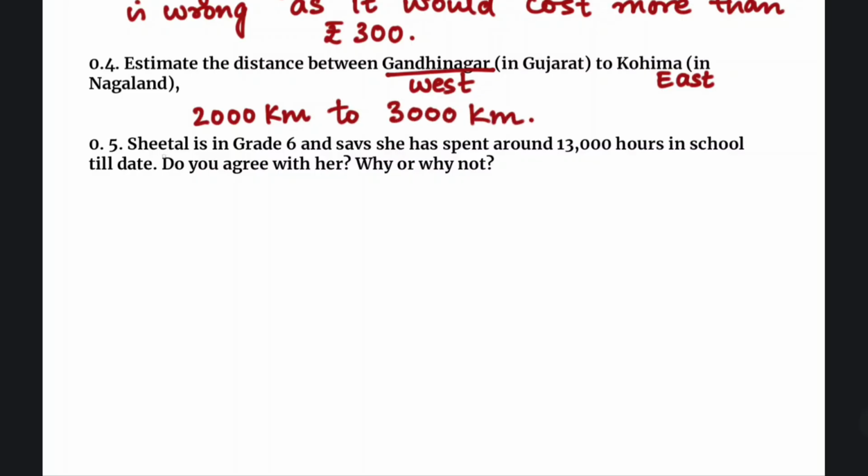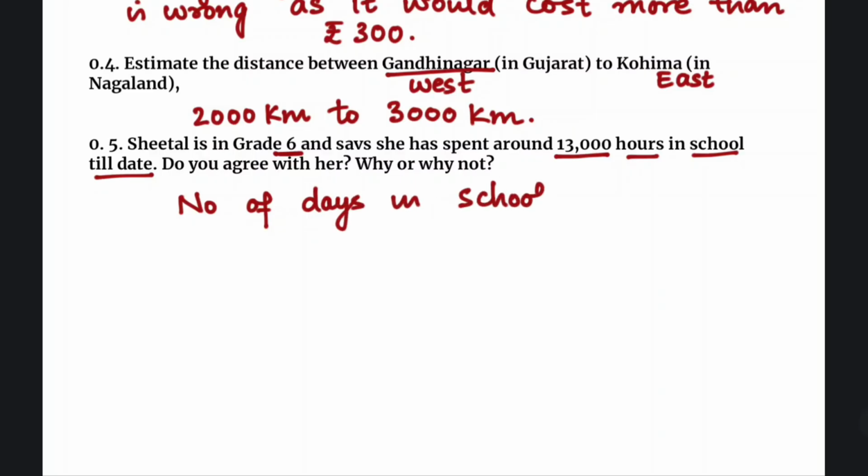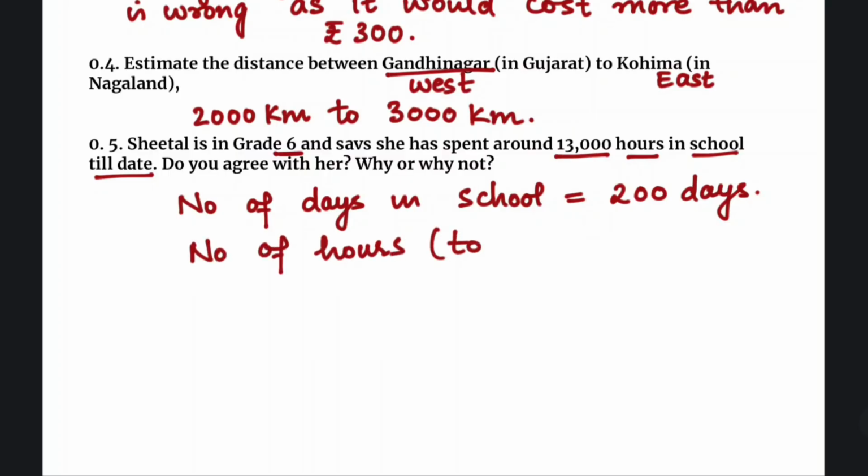Next question is, Sheetal is in grade 6 and she says she has spent 13,000 hours in school till date. Do you agree with her? Why or why not? Number of days in school, let us take 200 days. So the total number of hours is 13,000 hours.